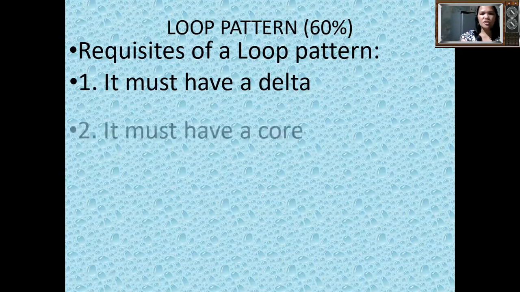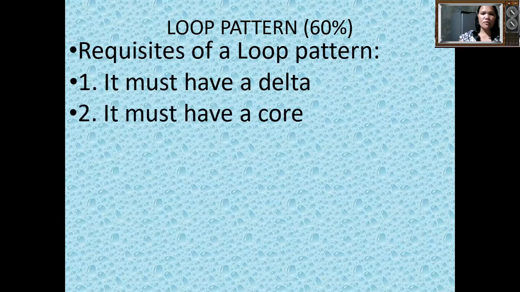Again, in number 2, it must have a core. When we talk about a core, we always remember that this is the inner terminus. It is also known as the heart of the pattern area or the approximate center. Why is it that we need a core and delta in the loop pattern? Because these are our bases for the conduct of reeds counting.